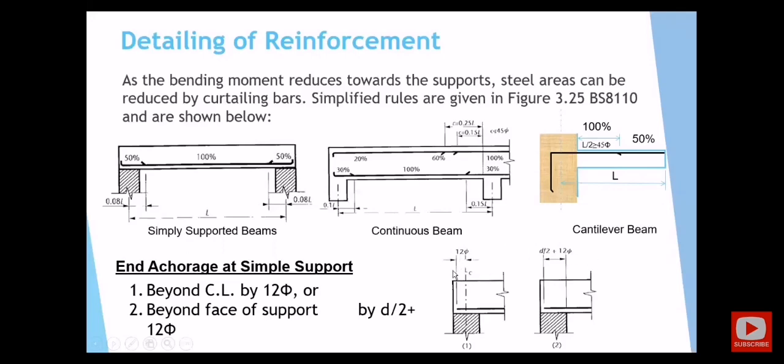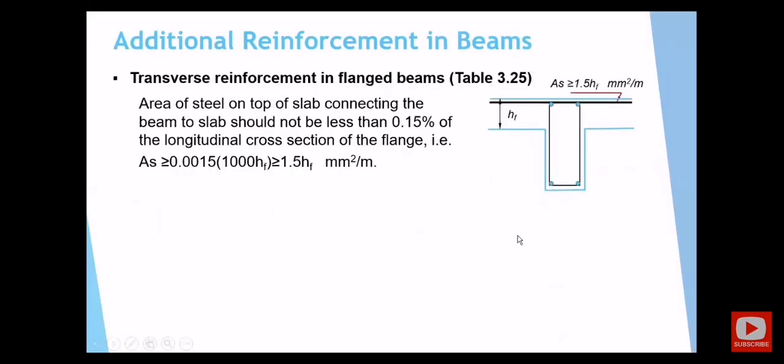Okay, so you have to satisfy these two values. Usually this will be enough, and usually this distance you will not be able to satisfy. So we use a 90-degree hook, and we extend this bar a little bit up to satisfy this requirement.